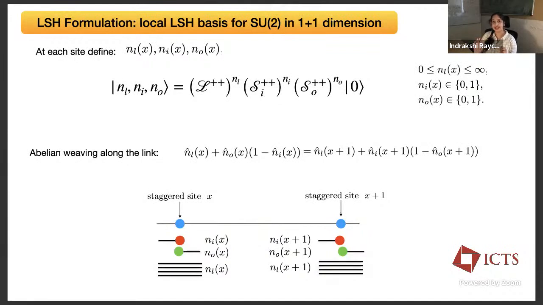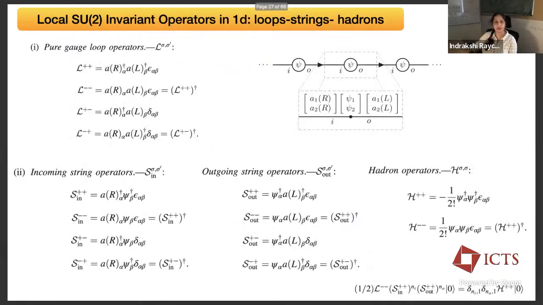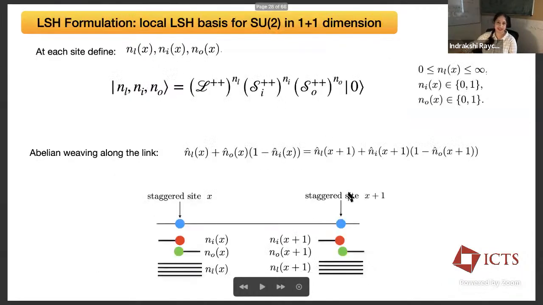So what happens? Now one can actually define a local, or on-site, Hilbert space that is completely SU(2) invariant, where the states are created by these local singlet operators that I have shown in the previous slide. So for example, this operator, this operator, this operator, they create a Hilbert space.